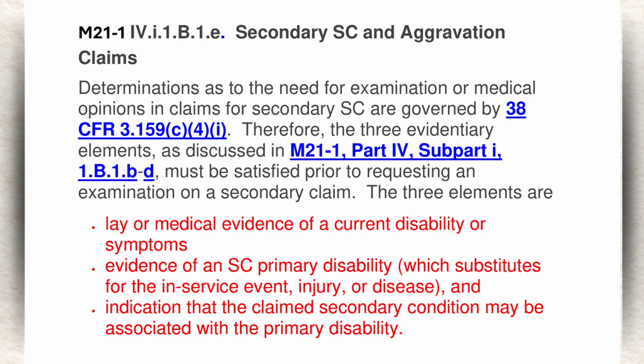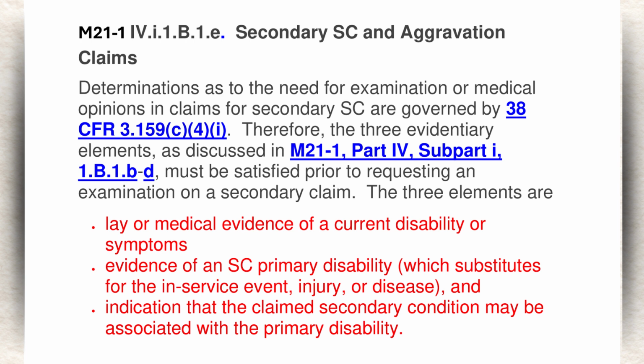Two, evidence of a service-connected primary disability, which substitutes for the in-service event, injury, or disease. So if you're claiming something secondary to a condition, that primary condition has to be service-connected, okay? Then it says "and," because you need all three of these. Three, indication that the claimed secondary condition may be associated with the primary disability.